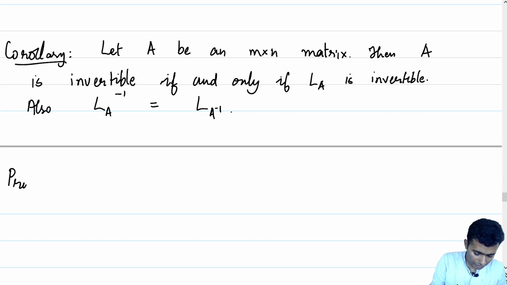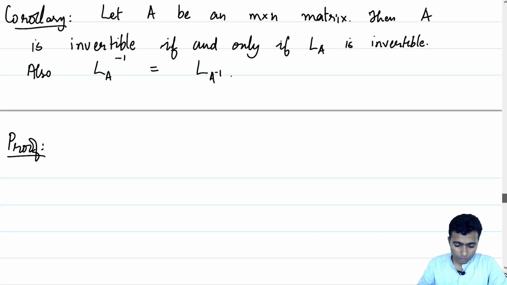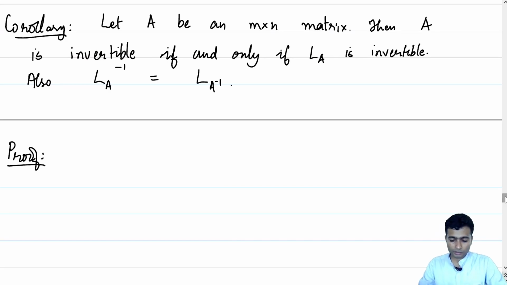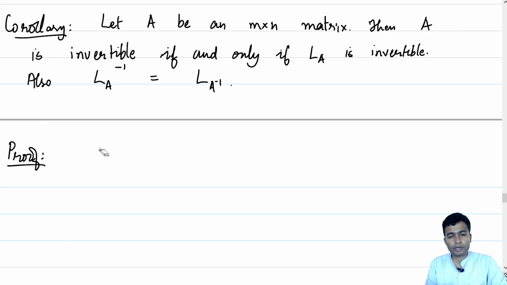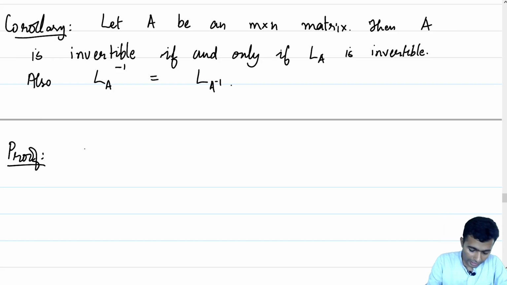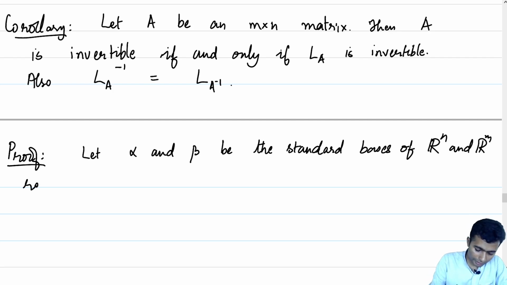Okay, so the proof is just a direct application of the previous theorem. The first part is fairly straightforward. It's finally boiling down to the choice of the right basis. So let alpha and beta be the standard bases of Rn and Rm respectively.